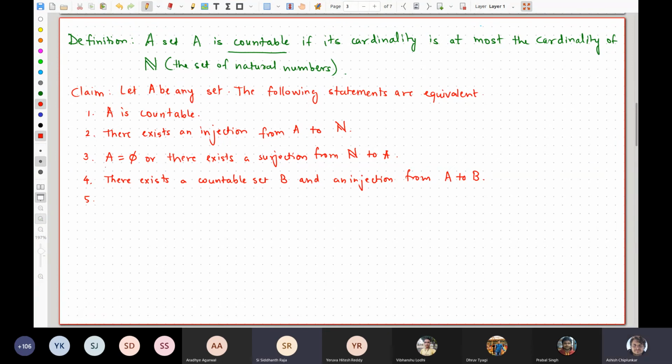And what about this A being empty? You'll have to worry about it.